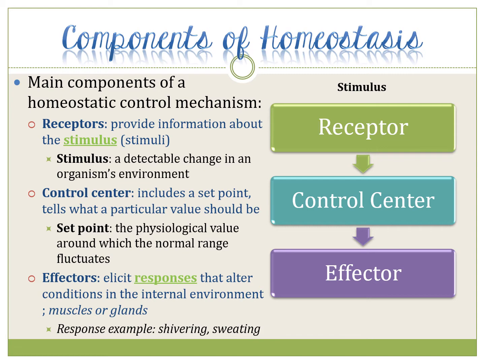I keep using body temperature because thermoregulation is a really good example of how we maintain homeostasis within the body. If you have an increase in body temperature, there's your stimulus. The receptor is going to send that information over to the control center. The control center is going to say, nope, we need to bring that body temperature down a bit. So the effector could be these sweat glands that then cause sweating of the body.